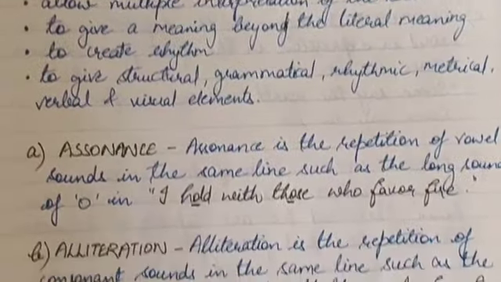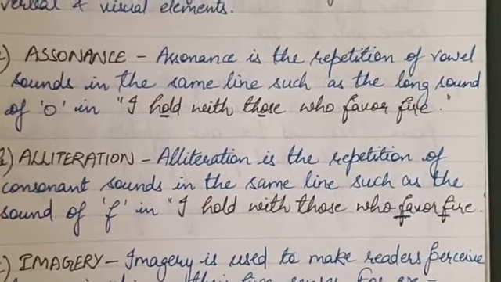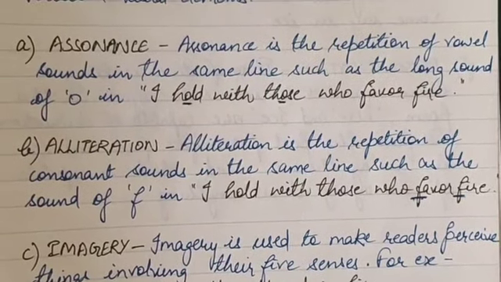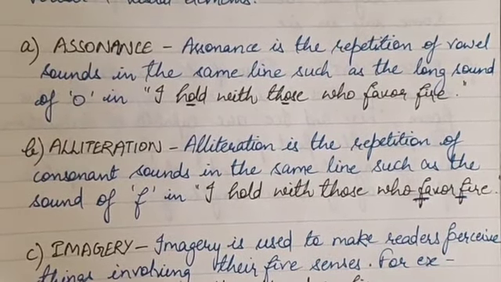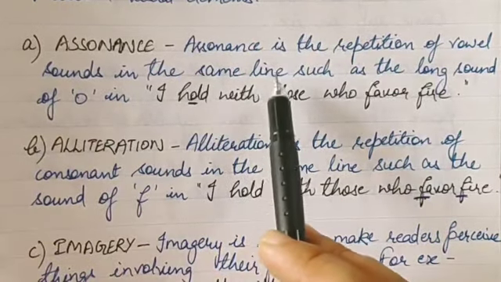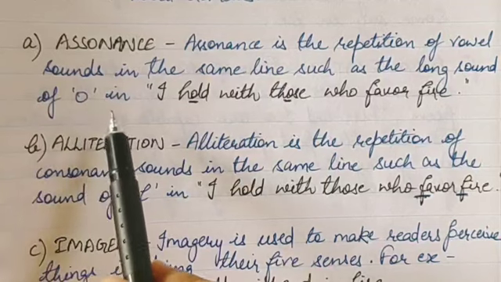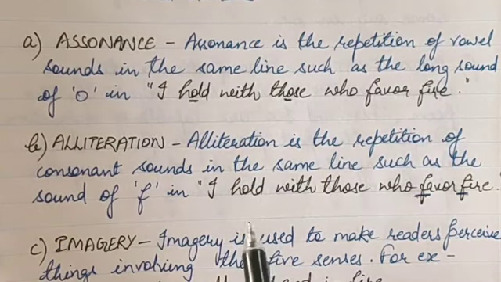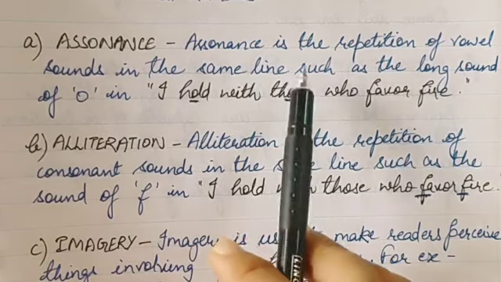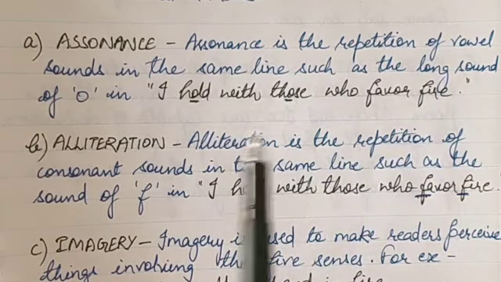Now we come to our point, and we are going to see what the literary devices are that are used in this poem. First is assonance. Assonance is the repetition of vowel sounds in the same line, such as the long sound of o in "I hold with those who favor fire."